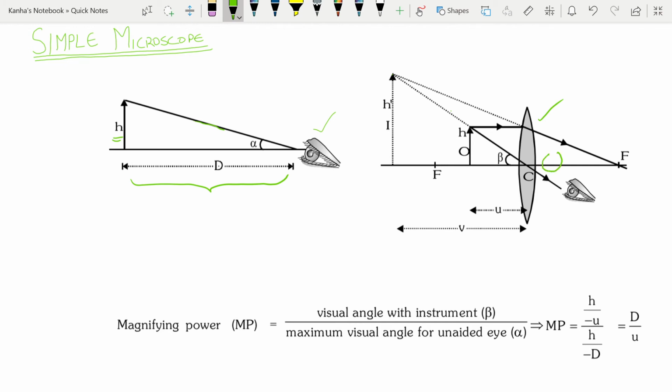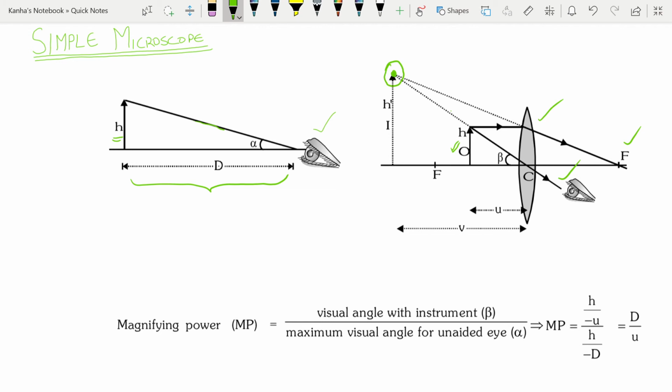Initially my eye was somewhere here, I could easily see this, and there was an angle subtended here, equal to alpha. Now, because I've placed a lens in between, the rays that were coming from the object converged and they do not really meet after the lens. So what do we get? We see that they seem to be diverging from a point, and this becomes your image. So your image is erect and virtual. And what can I take back from here?